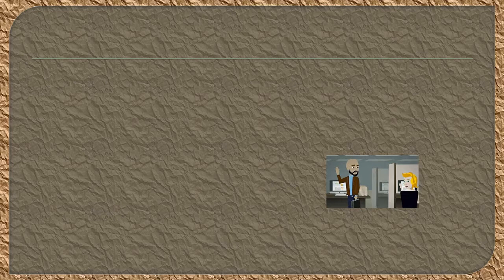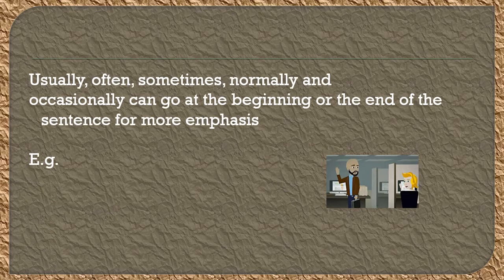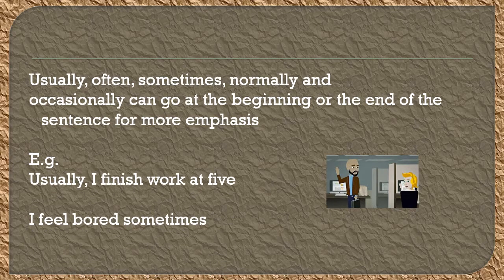Usually, often, sometimes, normally, and occasionally can go at the beginning or at the end of the sentence for more emphasis. For example, usually I finish work at 5, or I feel bored sometimes.